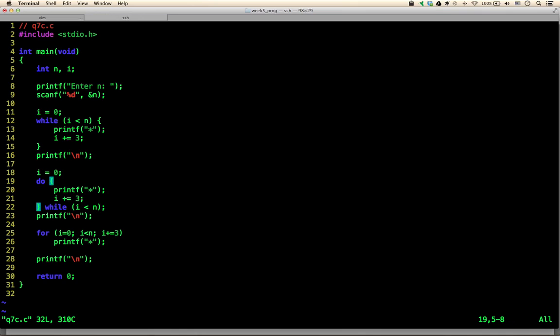If n is 0, it doesn't satisfy the condition, but the do will always be executed no matter what, at least one time. Hence, the do while loop is not suitable when there is a possibility that the loop needs not iterate even once. Just bear that in mind.